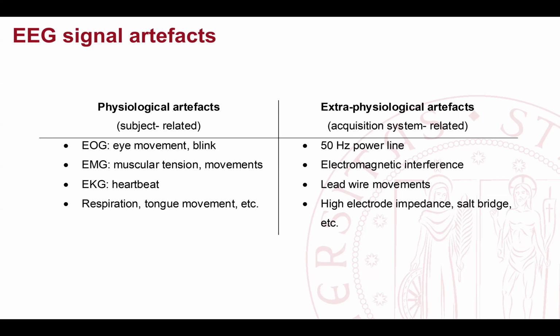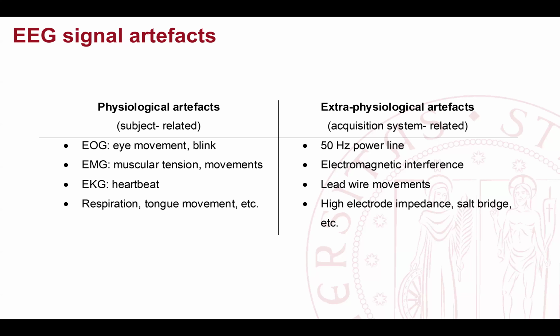But if you want to study, for example, behavioral movements, using healthy subjects, you have to take into account that they are moving around, they are moving the head. By moving the head, you need to activate the neck muscles, and you see the activity of the muscles in your EEG signal.